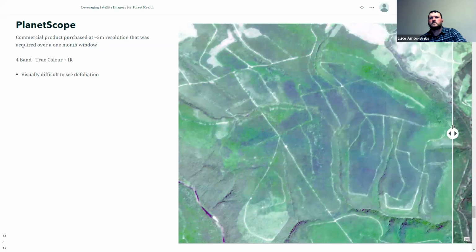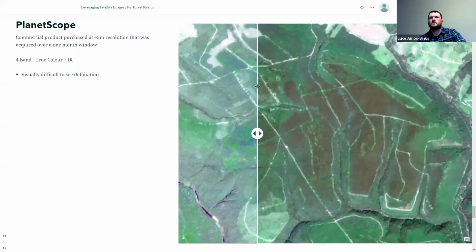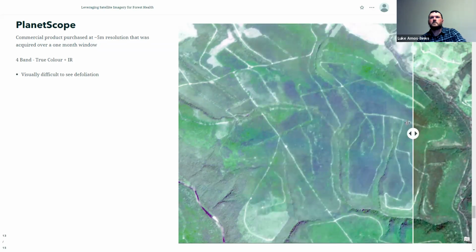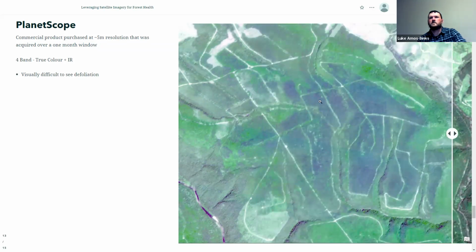What I did here was overlay the Planet Scope imagery with the Sentinel-2 imagery, and it's apparent that there's defoliation here. You can see it pretty easily in the Sentinel-2 imagery, but it's not as easy to see in the Planet Scope imagery.